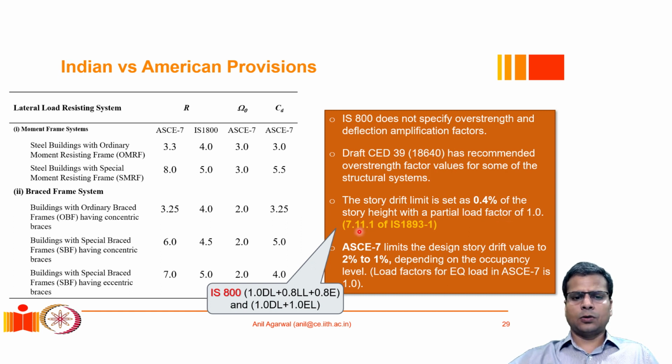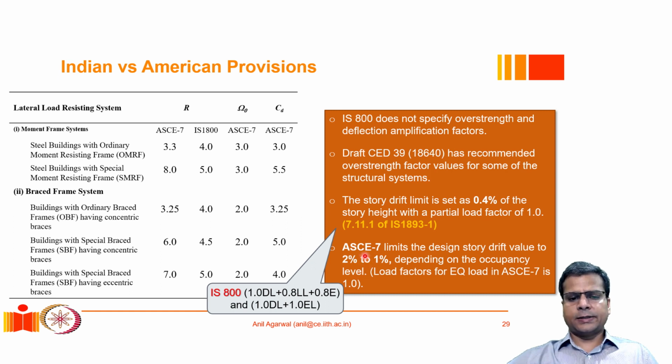If I go to IS 1893 Part 1, clause number 7.11.1, it mentions that the story drift limit is set as 0.4% of the story height, which is relatively small in comparison to ASCE 7, that is the American code, which says that the story drift limit would be between 2% and 1%, depending on the occupancy level.